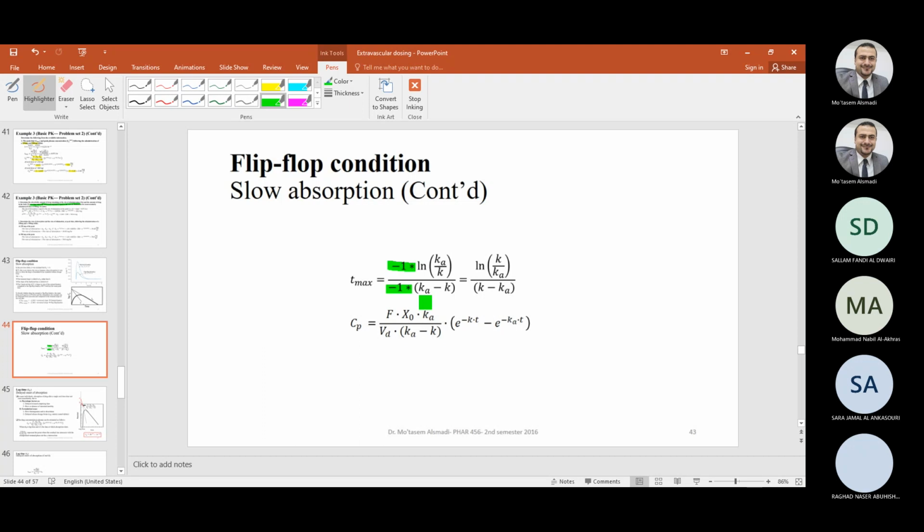Right? And what if I multiply the numerator and denominator by -1? This is like multiplying by 1. So this is -1. You take it inside the natural log, and that will take the reciprocal, right? So this will be equal to natural log of K divided by Ka, right? And if we multiply -1 with this, it's like K minus Ka, right?